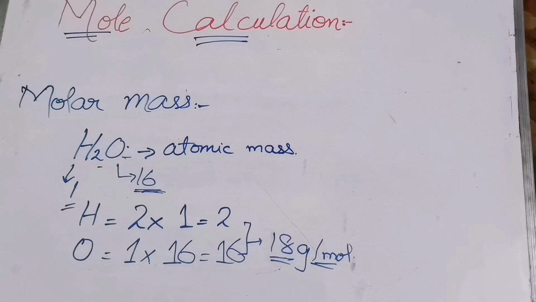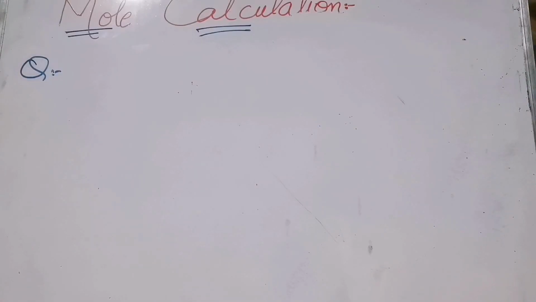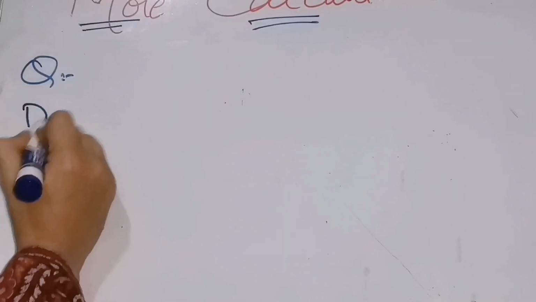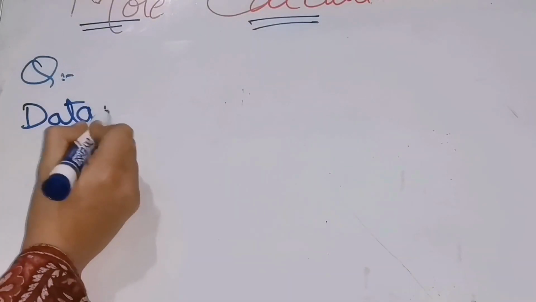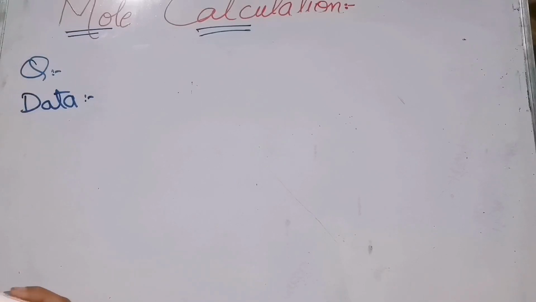This is how we will calculate the molar mass of all other substances. Now before starting the mole calculations, I would like to tell you how you will attempt these numericals in your exams. First you will write the question, then you will give the heading of data. In the question there will be one thing that is required, like you have to find the number of moles or the number of particles.